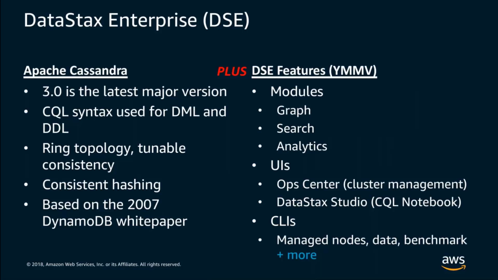Let's dig into DataStax Enterprise, and try to disambiguate that from Apache Cassandra. So DSE, that's DataStax Enterprise. It's from the company DataStax. Shout out to all the people watching this who work for DataStax. I want to draw a line between Apache Cassandra and the extra features that DataStax Enterprise adds.